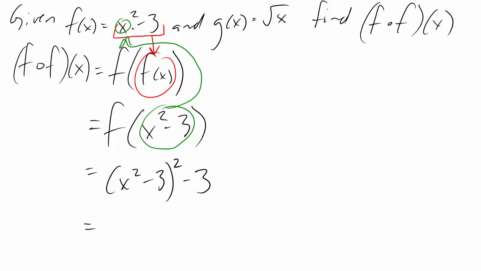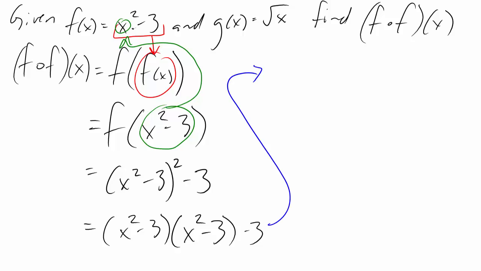So we're going to deal with the x squared minus 3 squared. So that's just going to be x squared minus 3 times another x squared minus 3, and then we have that minus 3 tacked on at the end. All right, now we're going to switch over to a blue ink just to differentiate what's going on here. The simplification that we're going to do here is just multiplying things out.